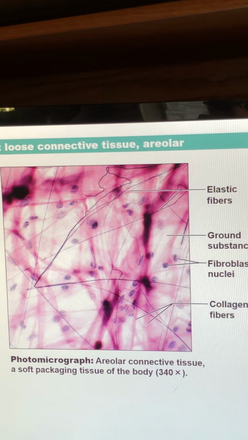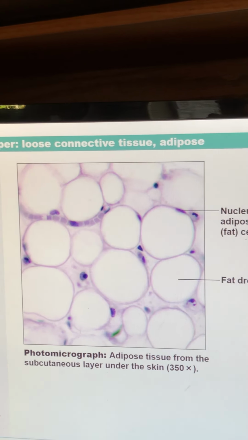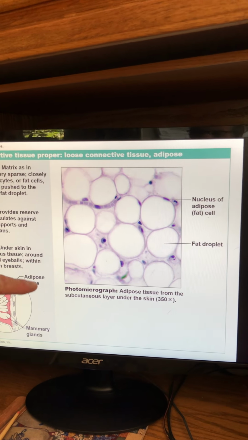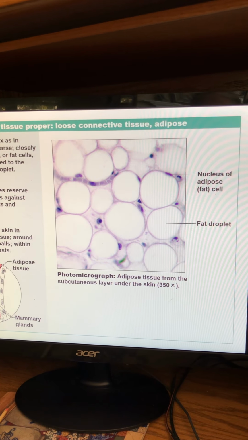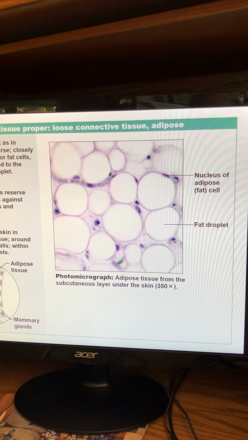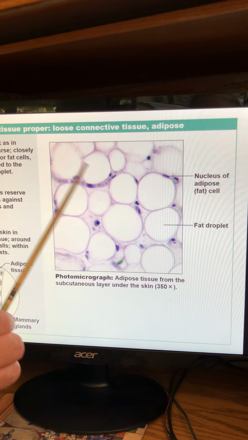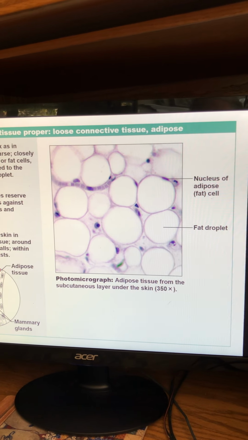The second type of loose connective tissue is called adipose connective tissue. This particular slide here is of a silver nitrate, but a lot of them are pink. All of this is filled with adipocytes.